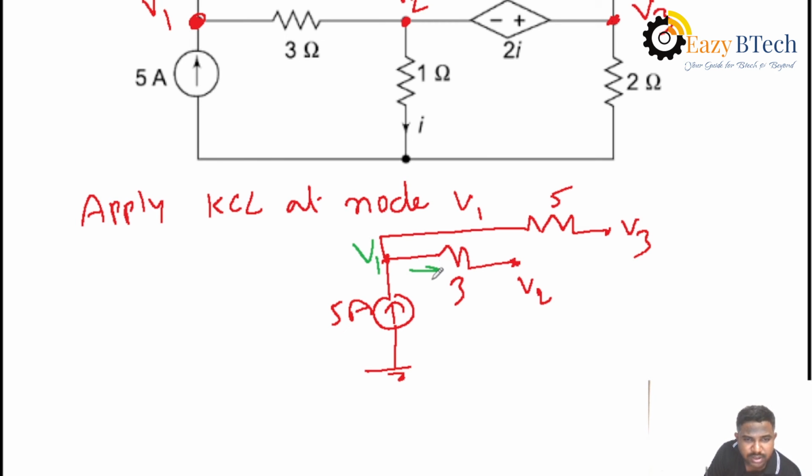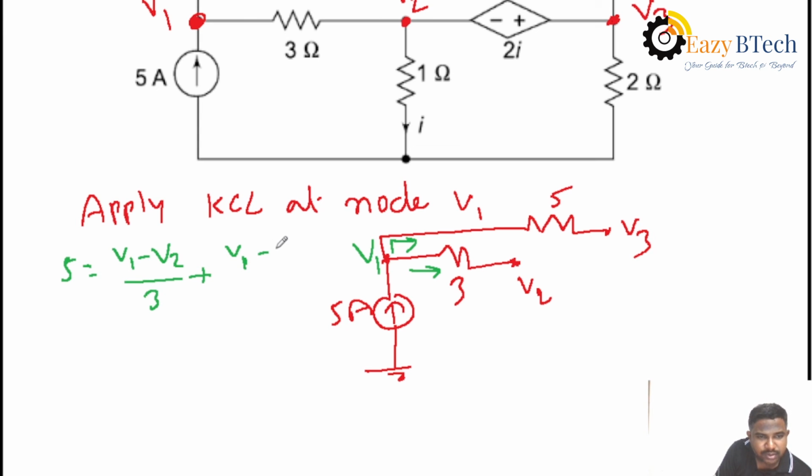What are the assumptions here? All currents are leaving from that node. Then apply KCL: the sum of entering currents, which is 5, equals the sum of leaving currents. The current passing through 3 ohms is (V1 minus V2) by 3, plus another current (V1 minus V3) by 5.